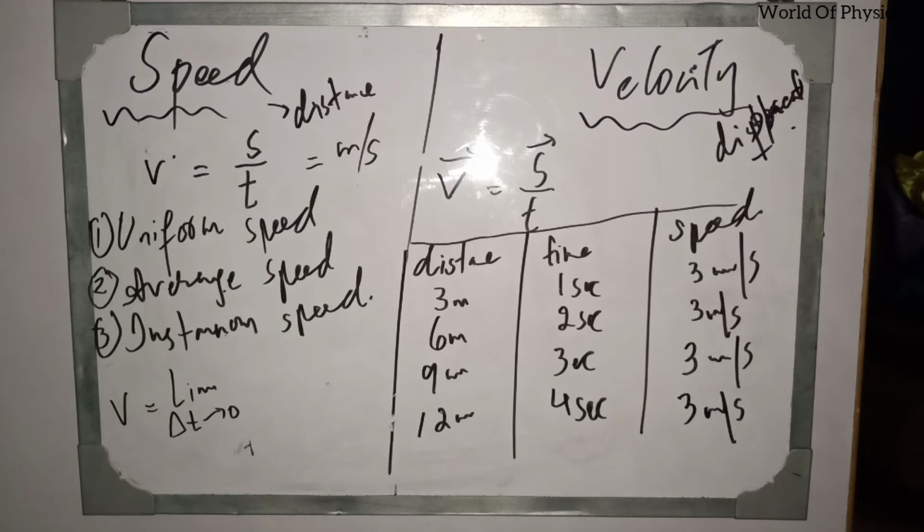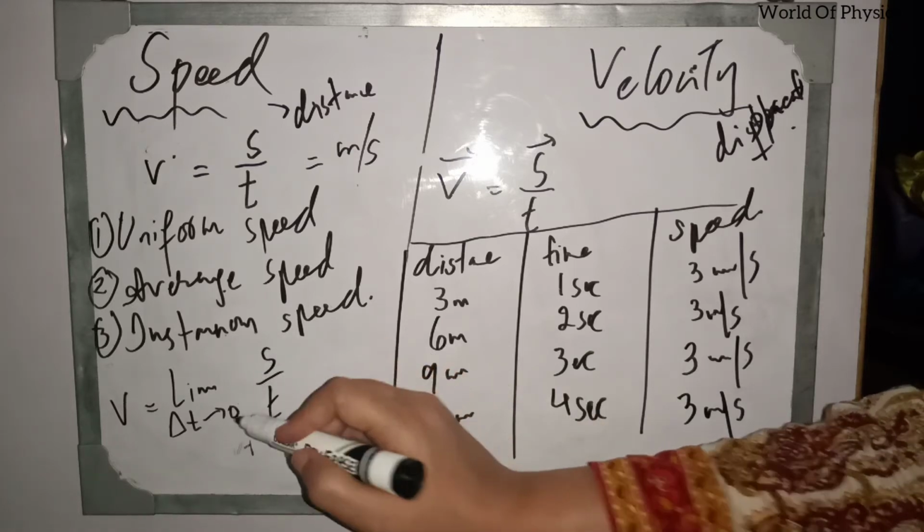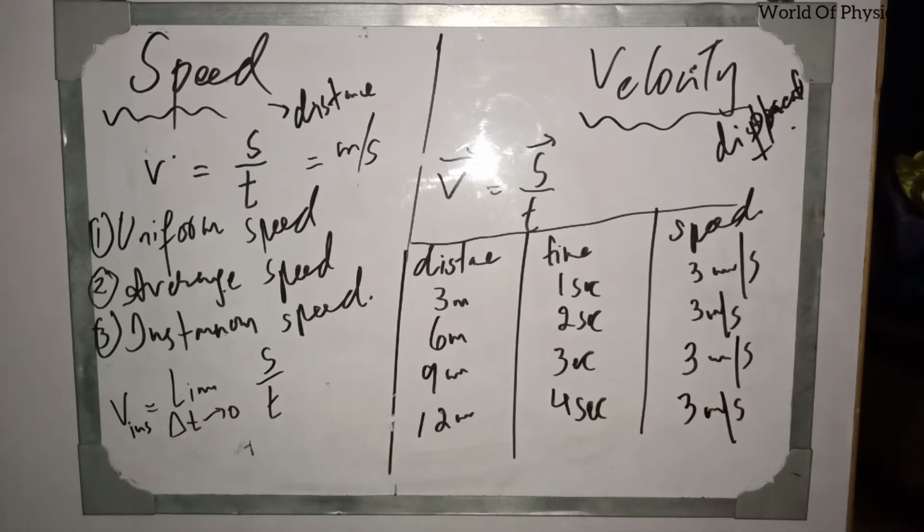Delta t approaches 0 means that we are taking so small a time that it approaches 0, and this distance divided by time is called instantaneous speed. Instantaneous speed is defined as the speed of an object at a particular instant of time.